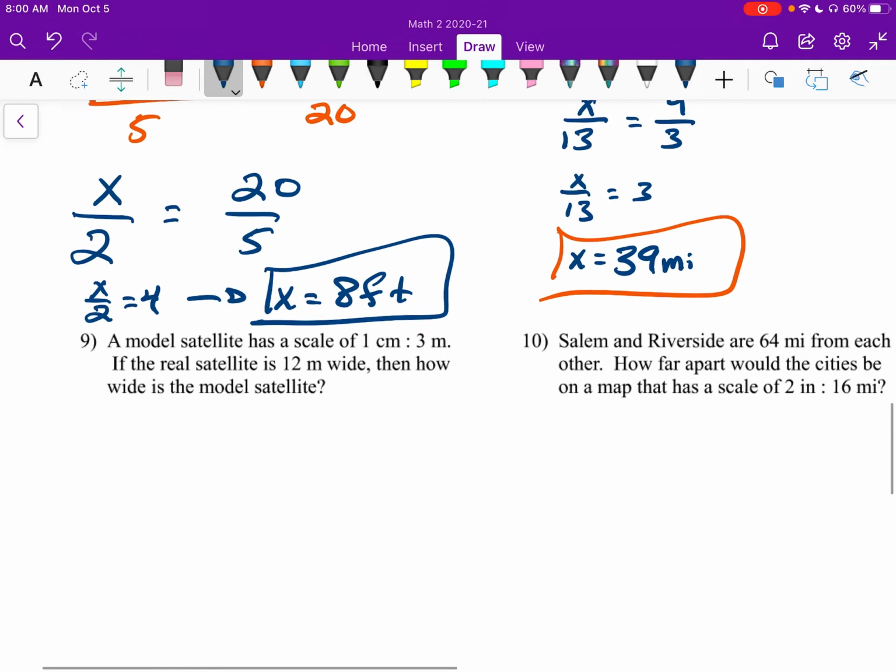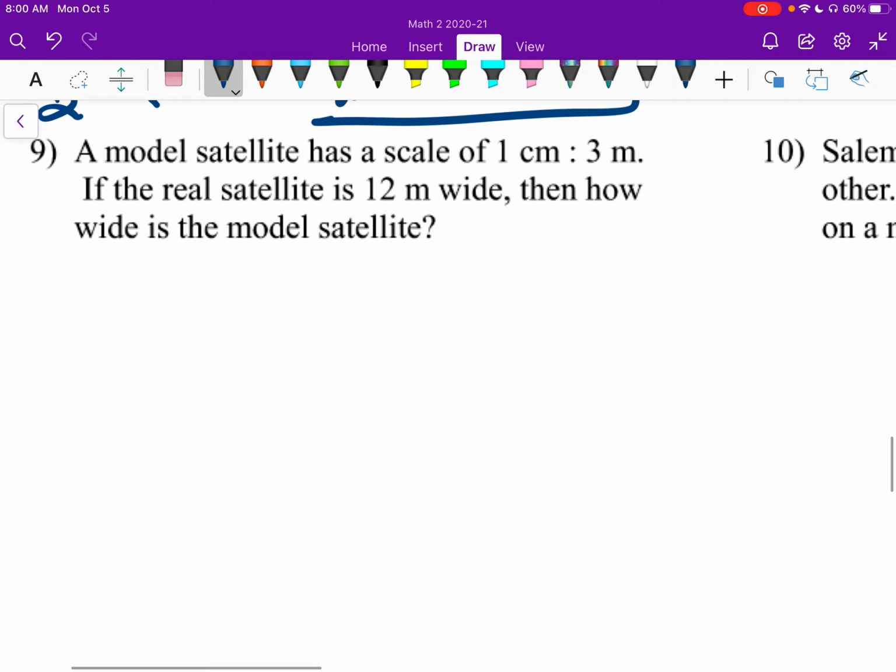All right. Number 9. A model satellite has a scale factor, or a scale, of 1 centimeter to 3 meters. The real satellite is 12 meters wide. So I'm talking about a 12-meter wide object. How wide is the model? The model is going to be x centimeters.